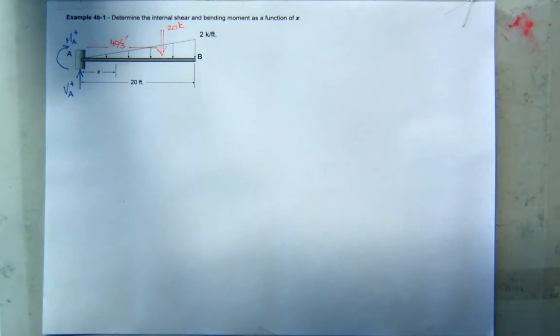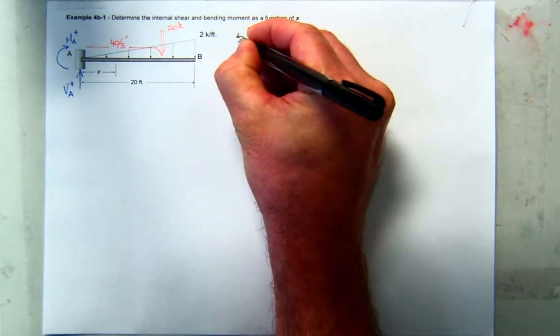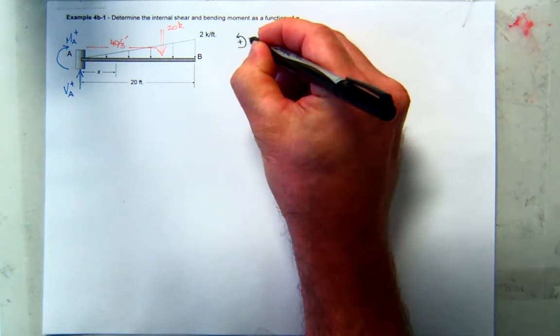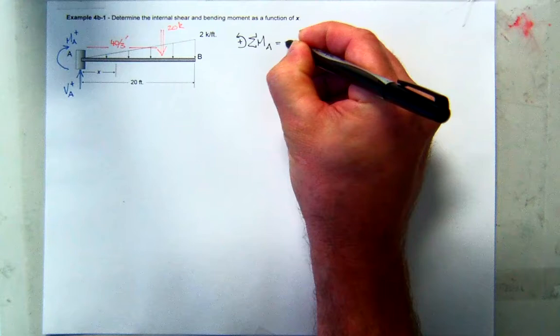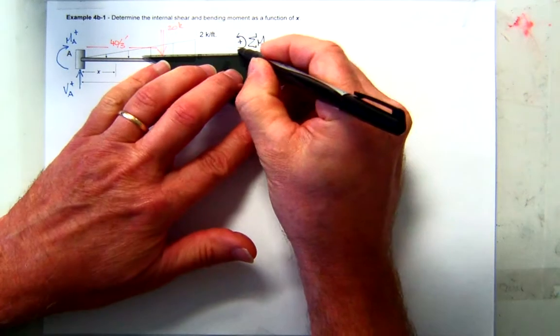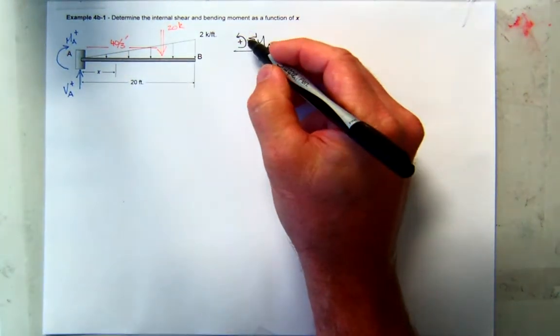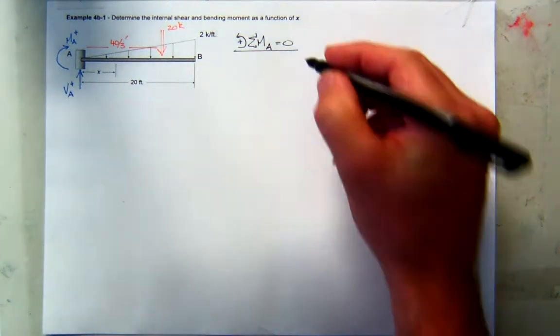All right, so let's go ahead and find those reactions. So now I'm going to do my equilibrium equations. And when I do my equilibrium, I like to use right-hand rule for my moments. So I'm now going to sum my moments about point A and set it equal to 0. So with right-hand rule as my sign convention, what kind of moment is this at A? Negative. It's negative.